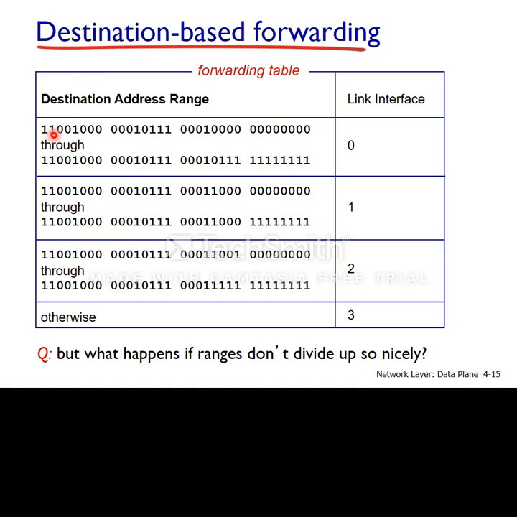You have 128 plus 64 plus 8, that's 200. And then this next octet is actually 23, because this 1 represents a 16, this 1 represents a 4, this 1 represents 2, and that represents 1. So 16 plus 4 plus 2 plus 1, that gives you 23, and this is 16. So if I have an address from 200.23.16.0 to 200.23.23.255, then we're going to send it to output port 0.